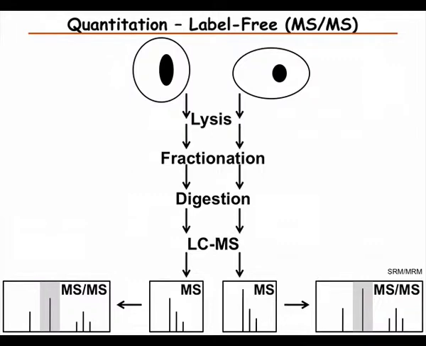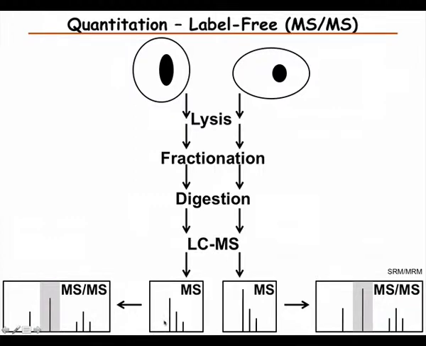So far we've only looked at how to quantify by measuring the precursor peaks, the peptide peaks. But now we're going to look at a few cases where we go a step further, where we then fragment the precursor and look at a few of the fragments.